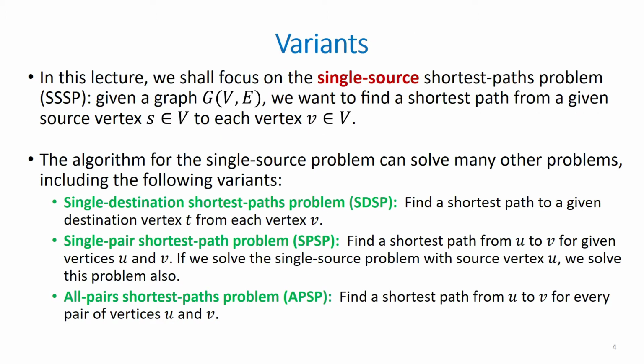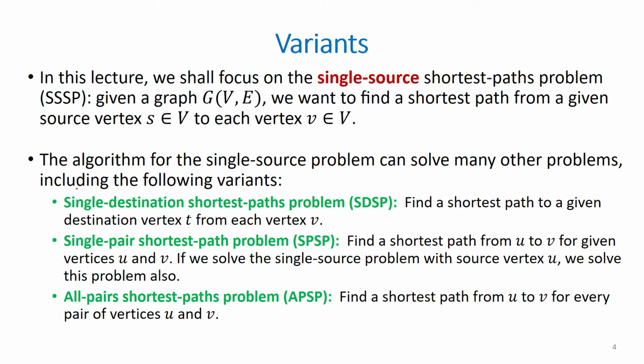The focus of today's discussion is on single source shortest paths, or SSSP for short. Here, given some weighted directed graph G, we want to find the shortest path from a given source vertex, say s, to every other vertex in the graph. The two algorithms that we will be studying today can be used to solve other forms of SSSP problems.